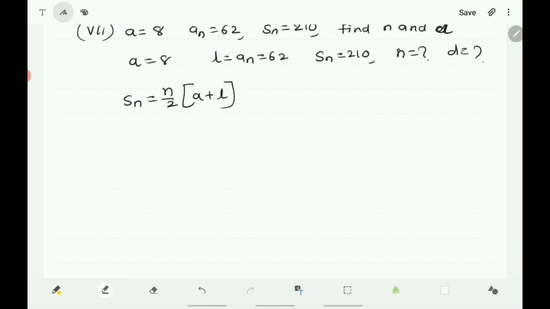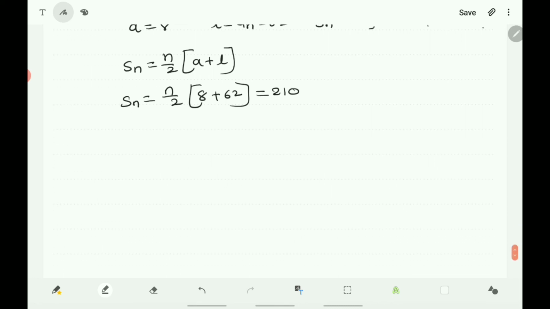n by 2 into a plus l. That is, n we have to find out, n by 2 into a is 8, l is 62, that is equals to Sn, how much? 210. Then n by 2 into 62 plus 8 is 70 is equals to 210.